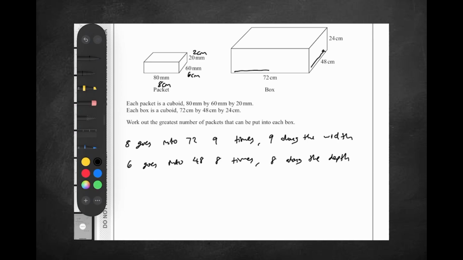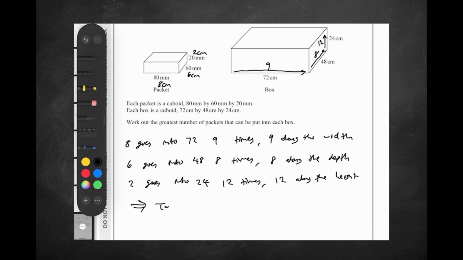I'd written 8 earlier for the width, that should be a 9, my apologies. So let's draw on this diagram, we're going to go 9 boxes there, 8 boxes there, and 2 goes into 24 12 times, so we can get 12 along the height, which is up here.